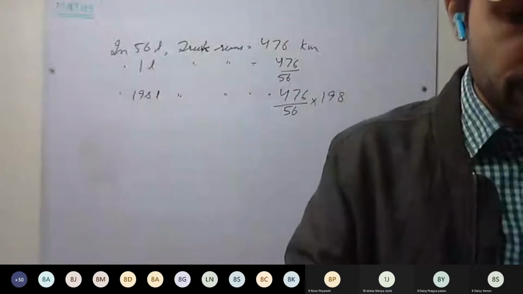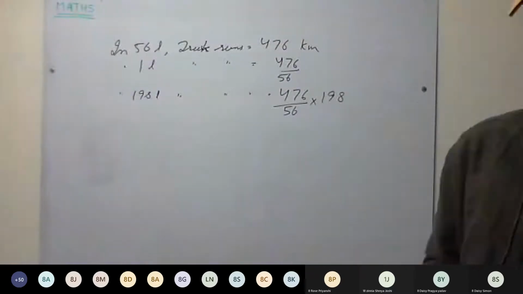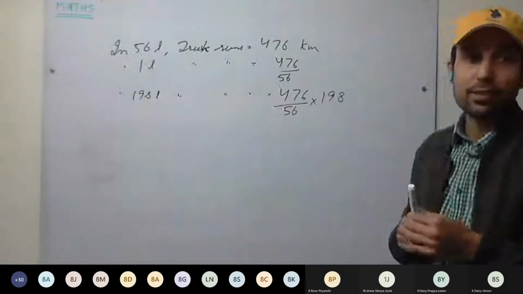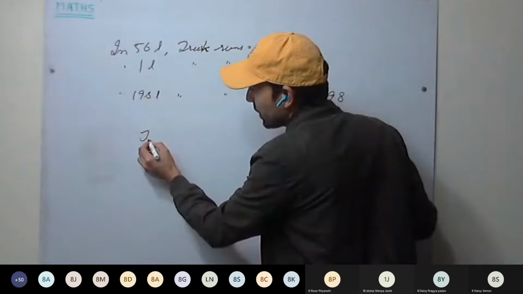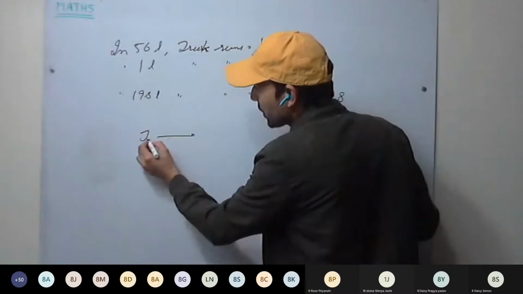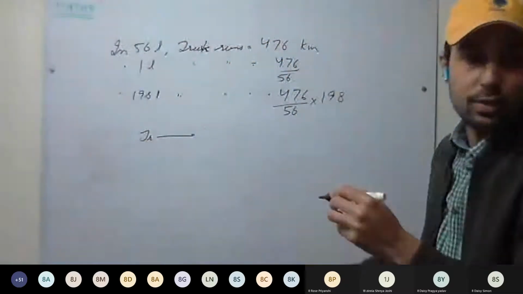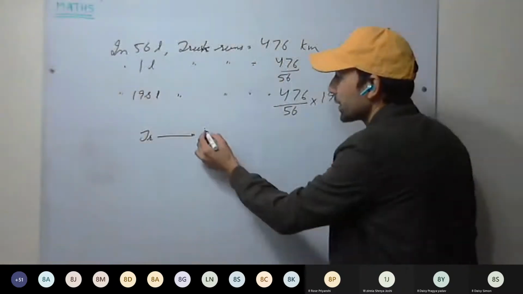And how much diesel will it need to cover 408 kilometers? The truck has to travel 408 kilometers.